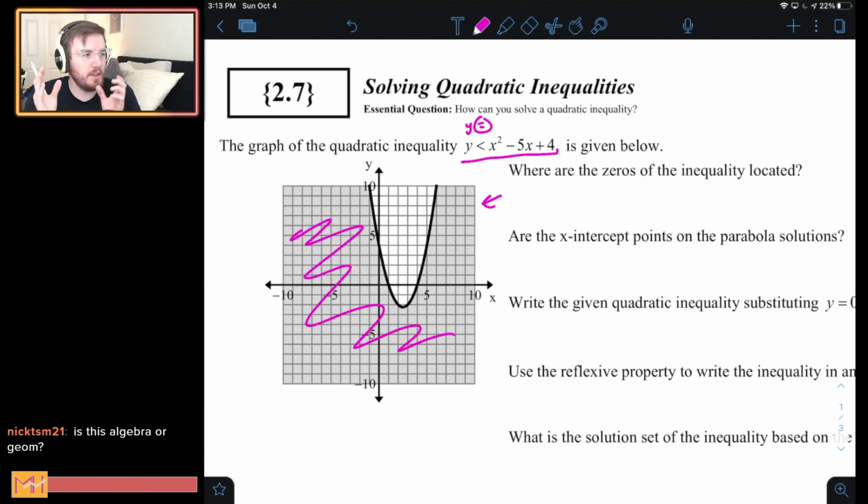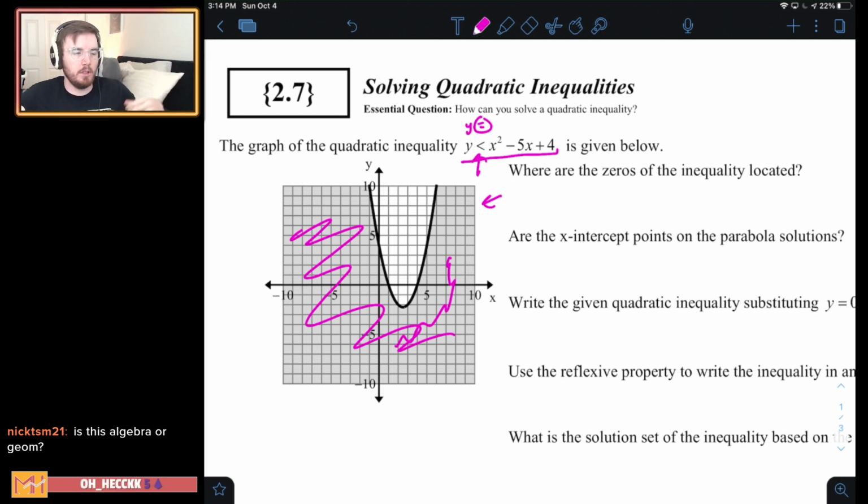We just started our Algebra 2.7. This underneath portion is less than, right? Because that's what this says, less than. So the shaded region is underneath, so that's less. We would have shaded the above region if it were greater, okay?